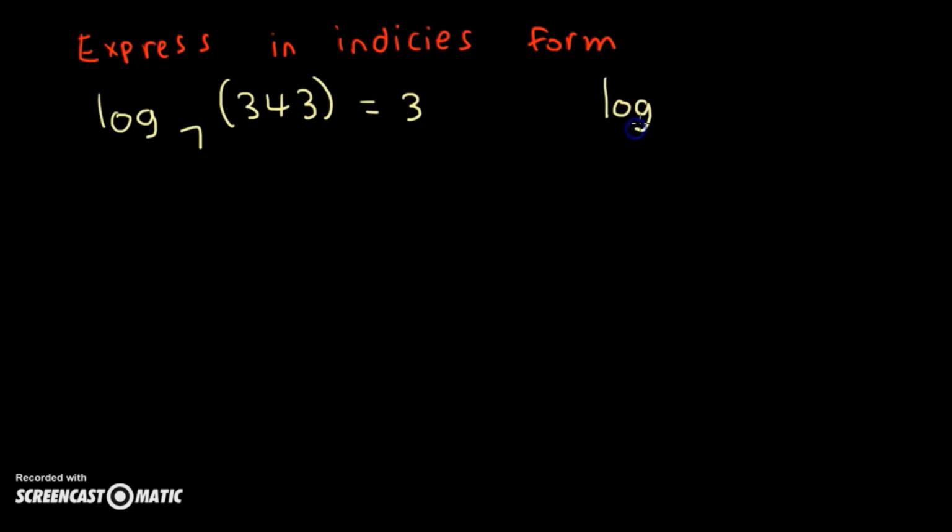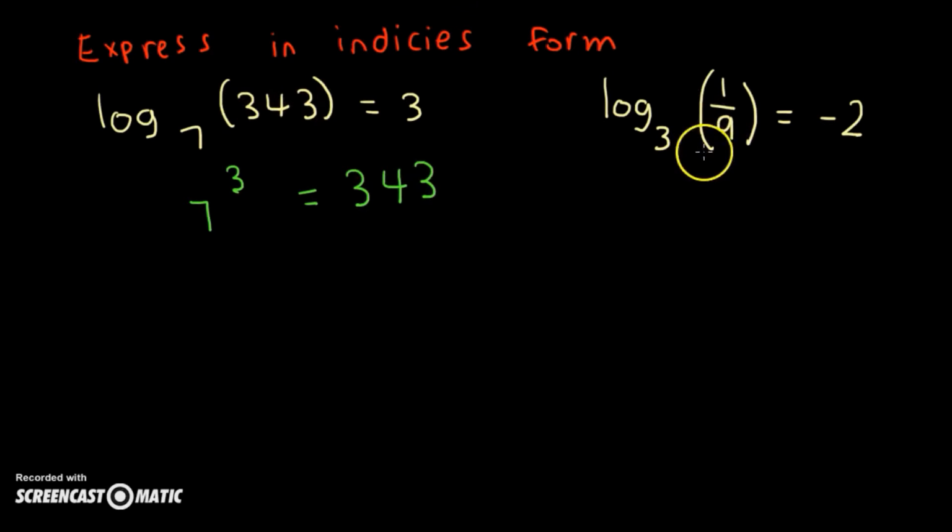Another one is log to the base 3 of 1 over 9 equals negative 2. To put this into indices form, we just have the same base to this power: 7 to the power of 3 equals 343. And the same for this one, so 3 to the negative 2 equals 1 over 9.